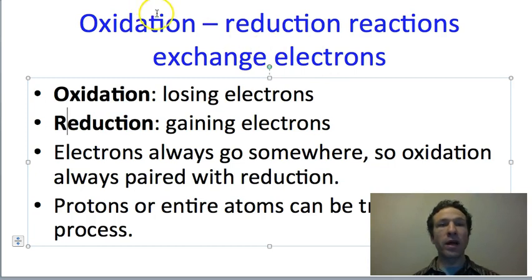I will also point out that sometimes only electrons will move, but very frequently along with those electrons, a proton gets transferred as well. Sometimes entire atoms are transferred as well as the electrons that we are following. And we'll see some examples, especially where hydrogens move around.